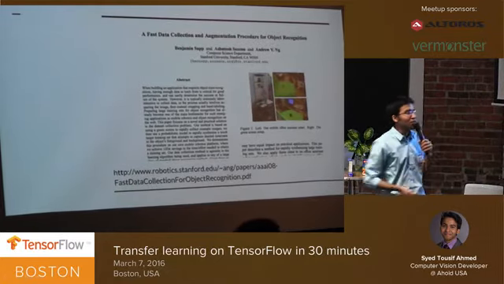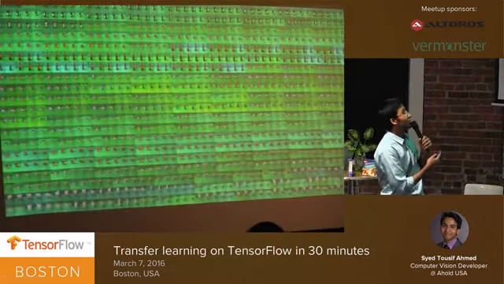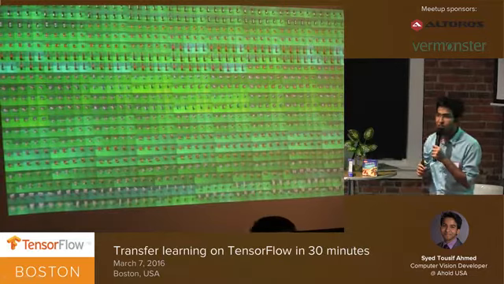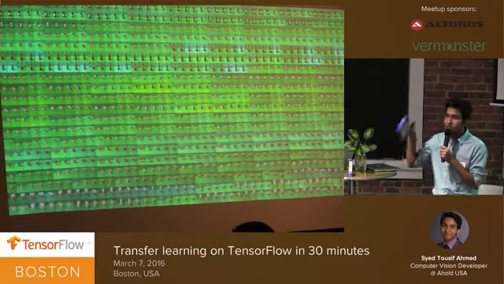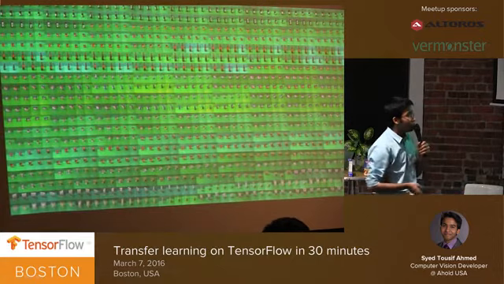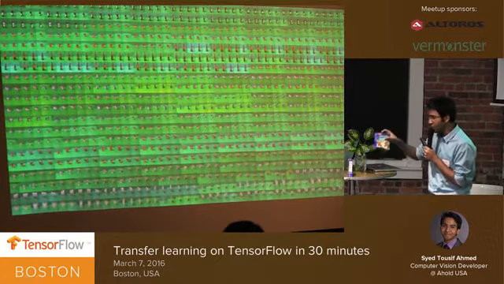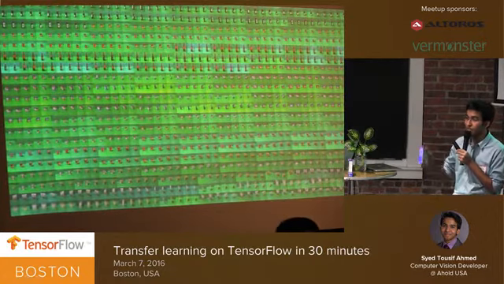This paper talks about how to speed up that process, and I followed it. What you see here is that I chose 10 different products, put them under a green screen, and took pictures of the products in 24 azimuths and 5 elevations.